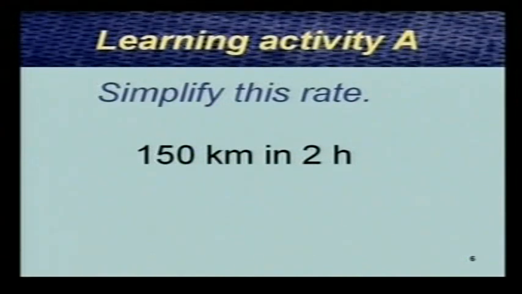Okay, likewise, we said simplifying. When you simplify like in fractions, in ratio, you simplified. In rates, you can also simplify. So 150 kilometers in 2 hours. What will be the fixed rate?